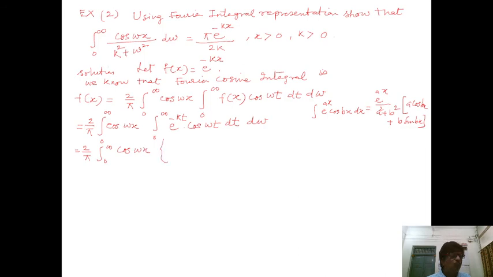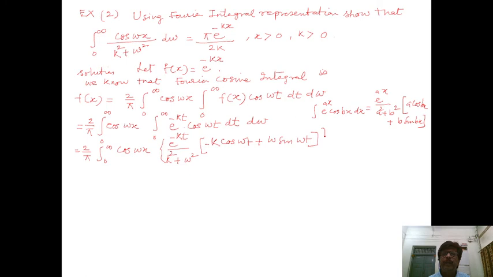So it is equal to e raised to power minus kt upon k square plus omega square into bracket minus k cos omega t plus omega sin omega t, limits of t from 0 to infinity, d omega.